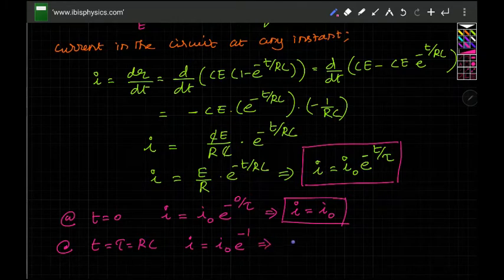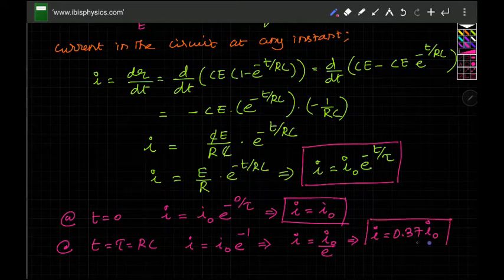That is I is equal to I naught by e, and since 1 by 2.718 is 0.37, as we saw last time, I is 0.37 times I naught.